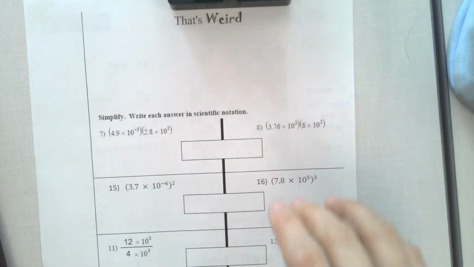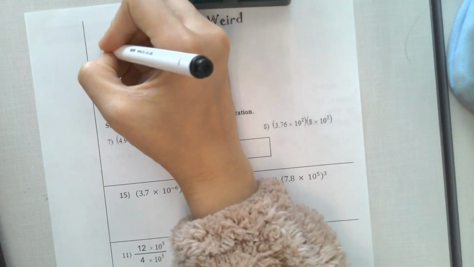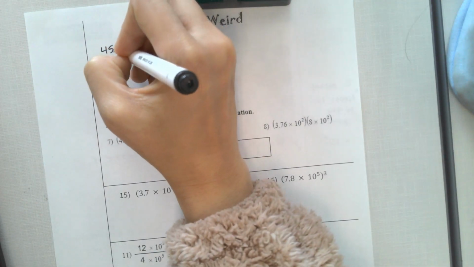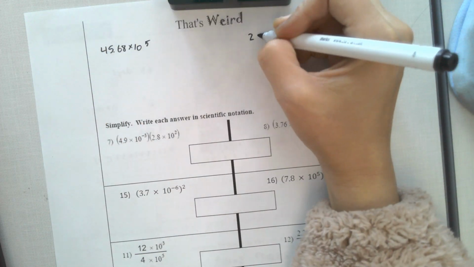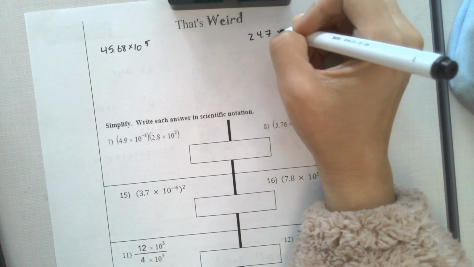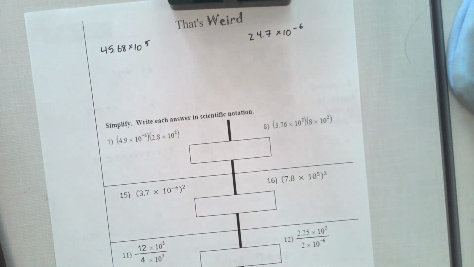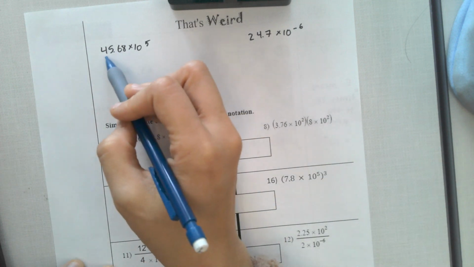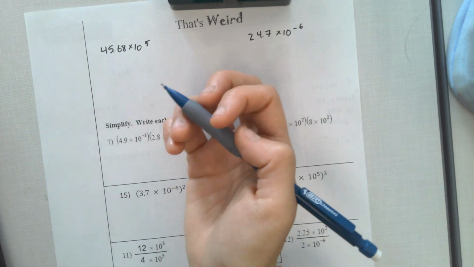So that's weird. Let's look at some examples that are weird. 45.68 times 10 to the 5th, and 24.7 times 10 to the negative 6. Okay, so like I said, when we're doing scientific notation, the number that's in front of the times 10 needs to be less than 10.